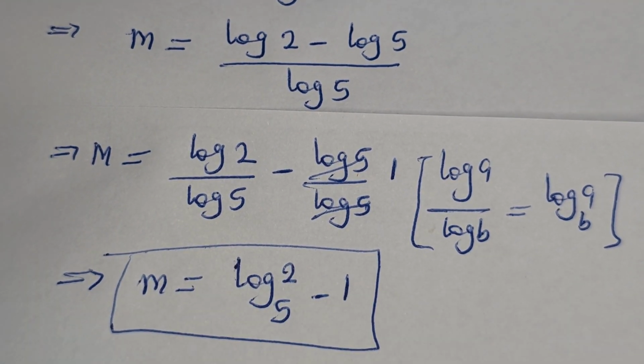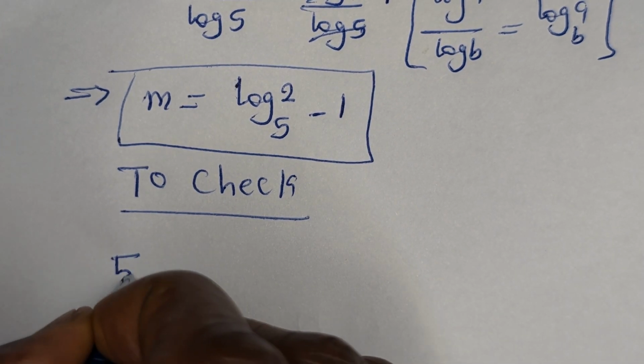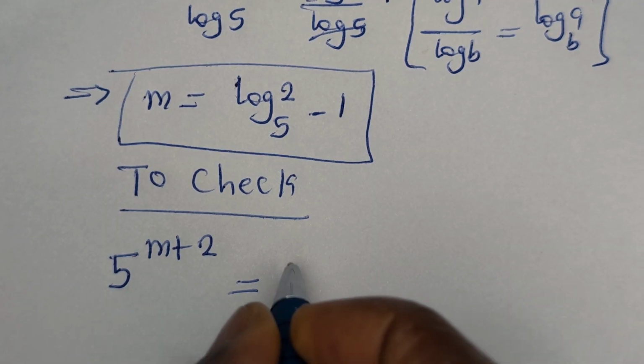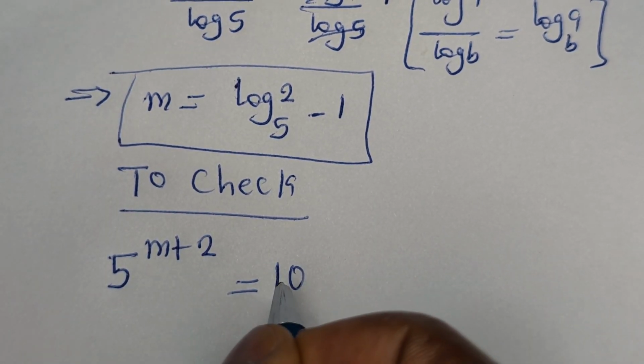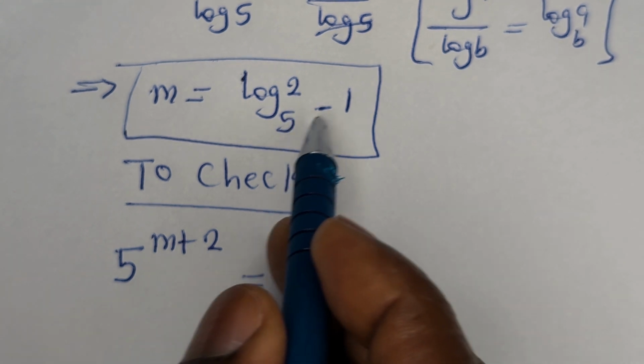Let's check. To check, we have the given equation 5 raised to power m plus 2 is equal to 10. Then when m is log 2 base 5 minus 1.